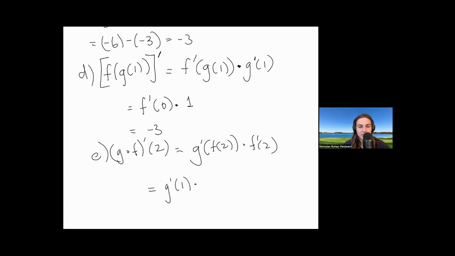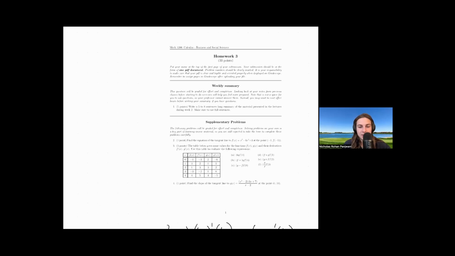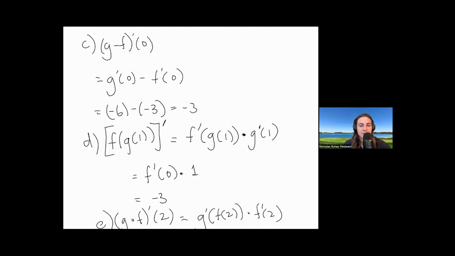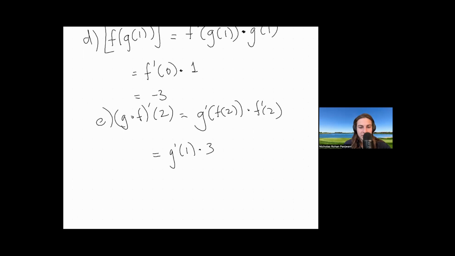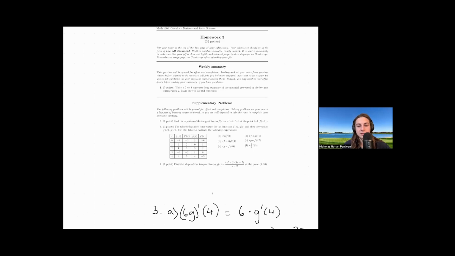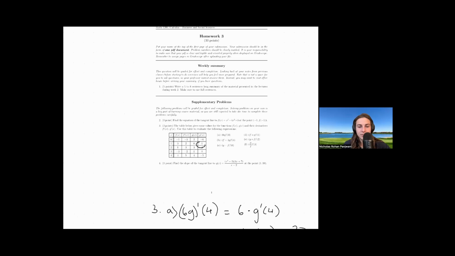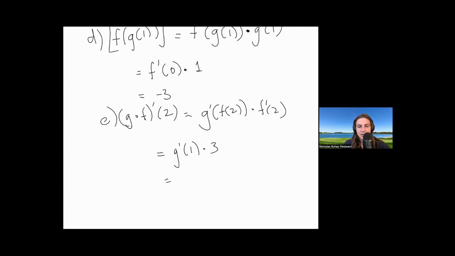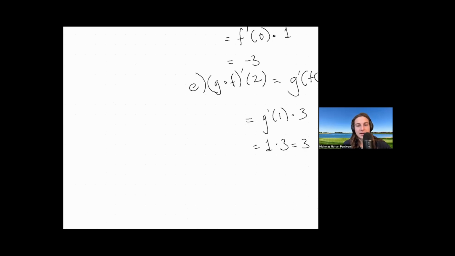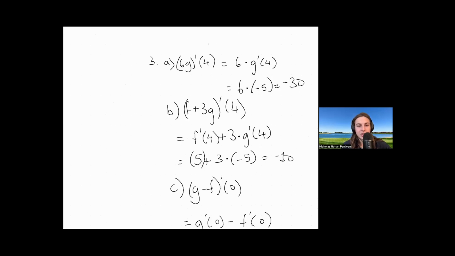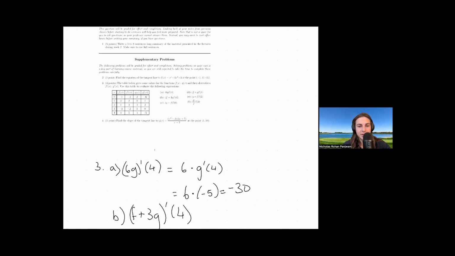F prime of 2 is 3. And then g prime of 1 is 1. So 1 times 3 is 3. There's your answer.